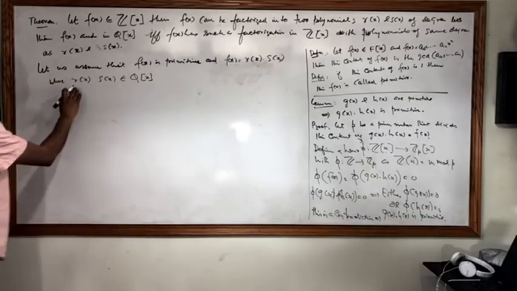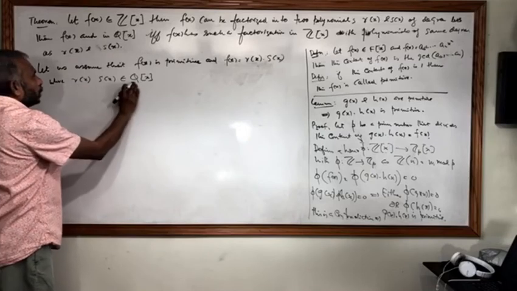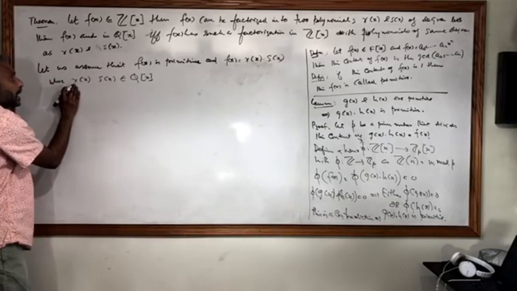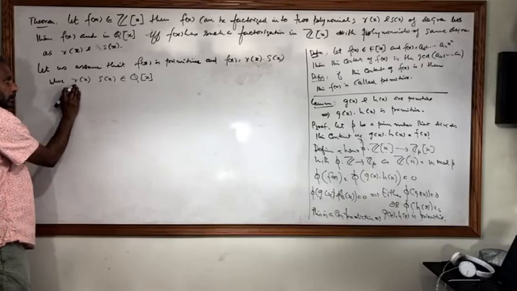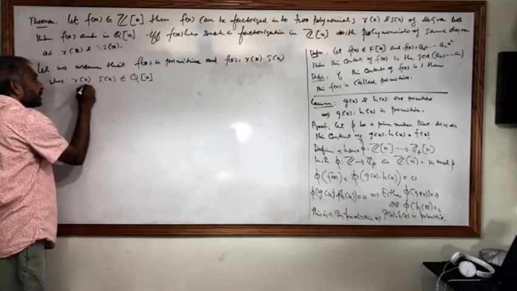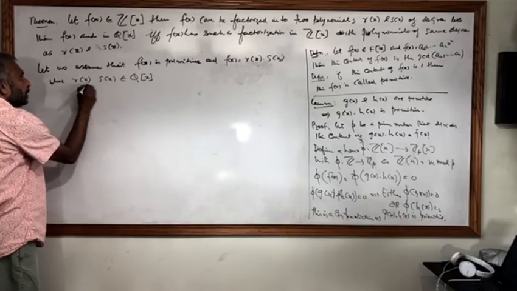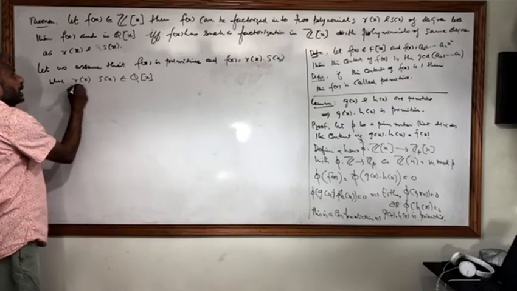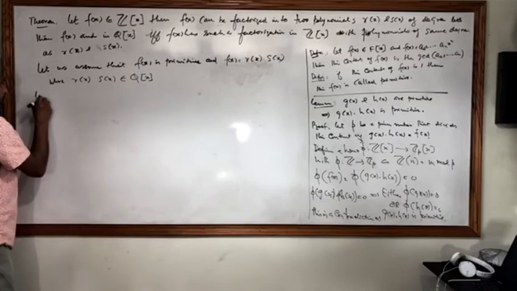What is the difference between a polynomial in Q of x and Z of x? The coefficients are rational numbers. So what we do is, we'll make this one a polynomial in Z of x.